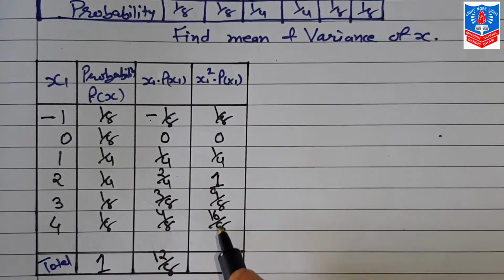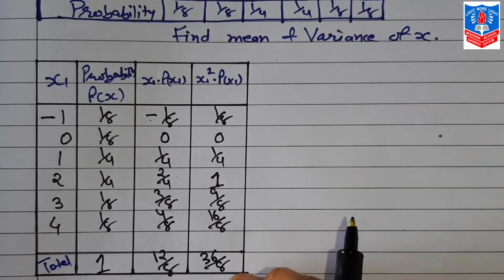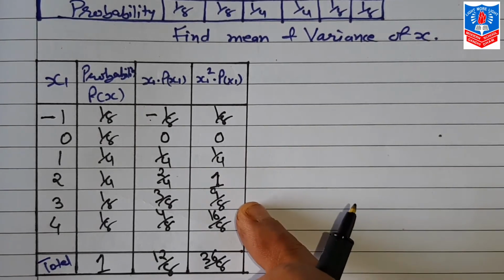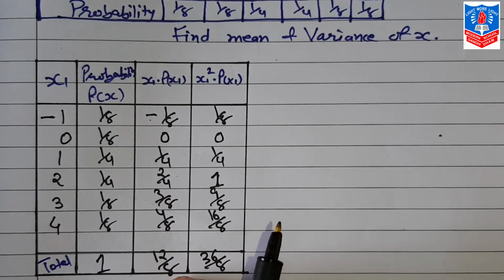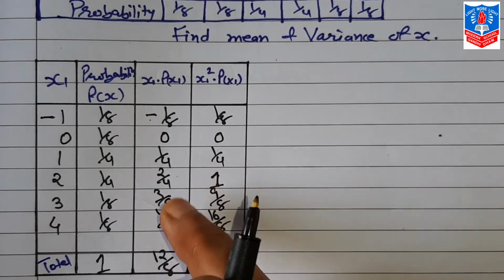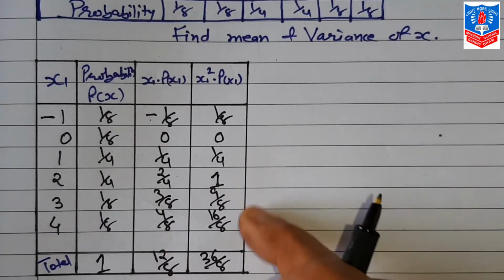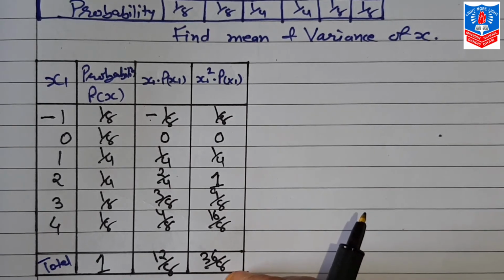The total of this will be 36 by 8. How do we find this? By LCM only. Here also we have 4 and 8, so we find the LCM and then do the total. Here also 36 by 8 by finding the LCM.